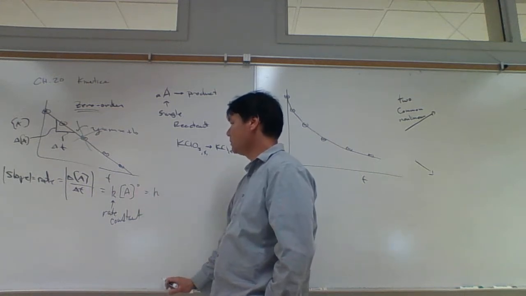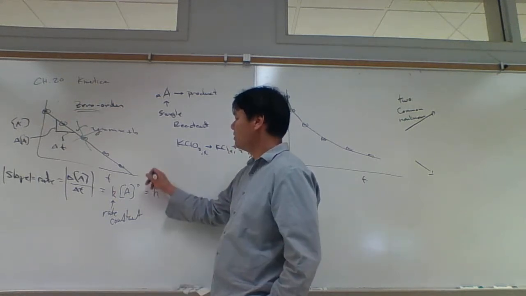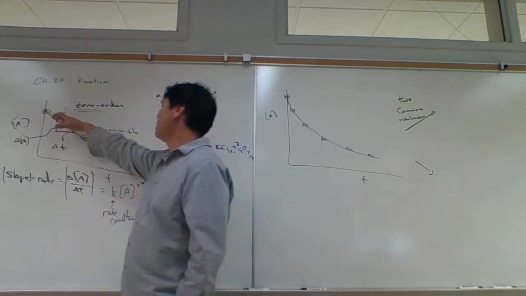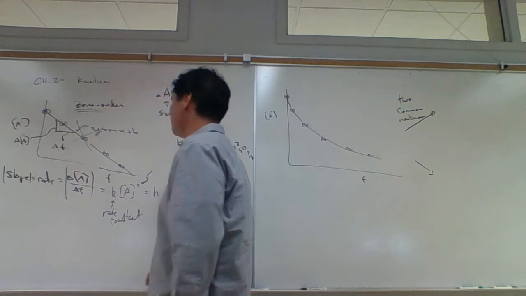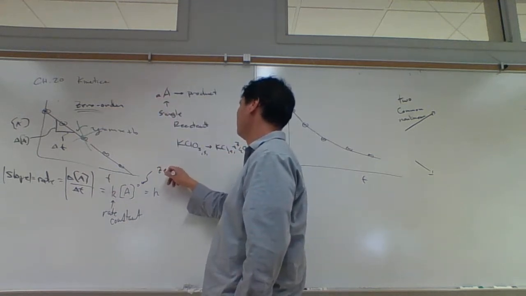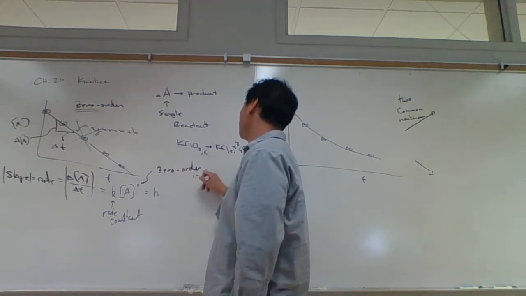And so this is just equal to k, the rate constant. And so the rate constant is the rate in this particular case. And we call it zero order because it has no dependence on the concentration. That is, as the concentration changes, the rate stays the same. And so this is zero order in the concentration of A.